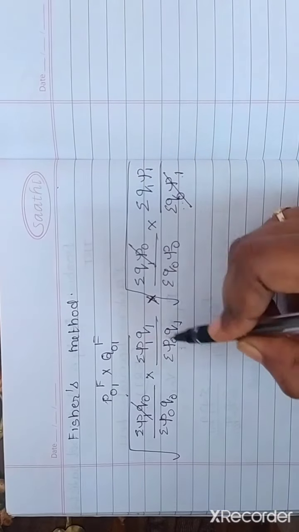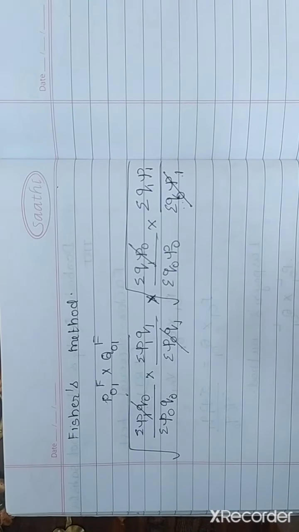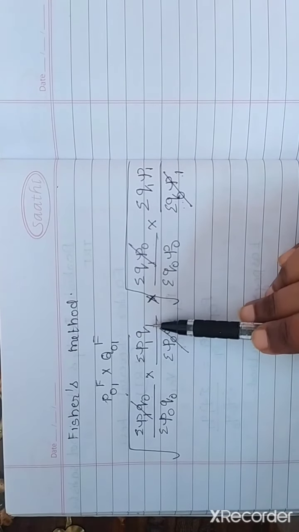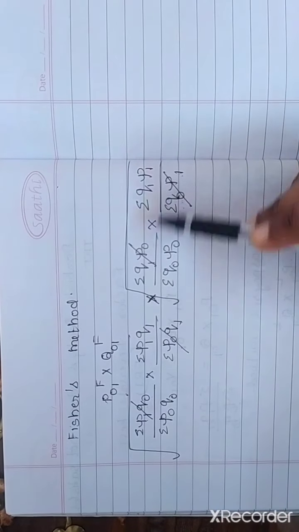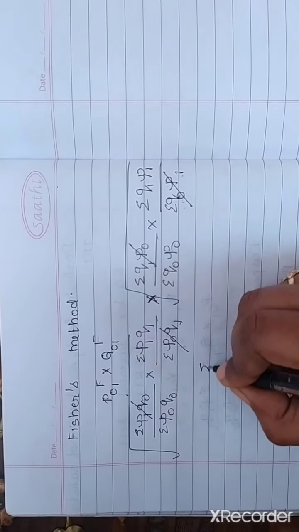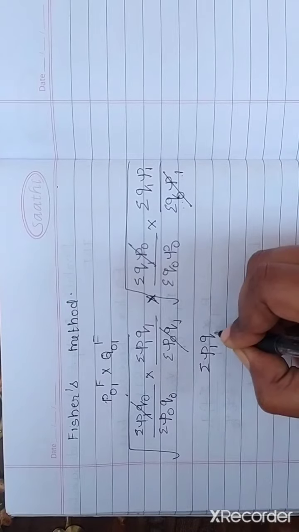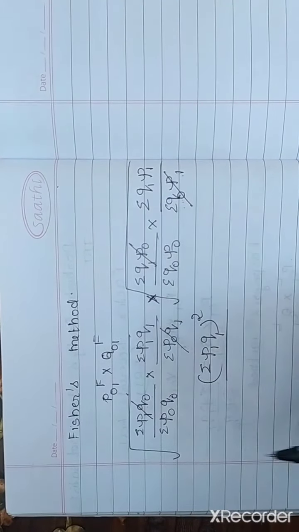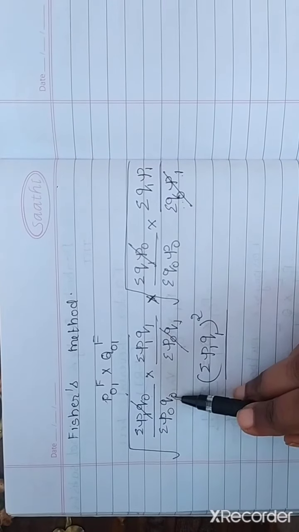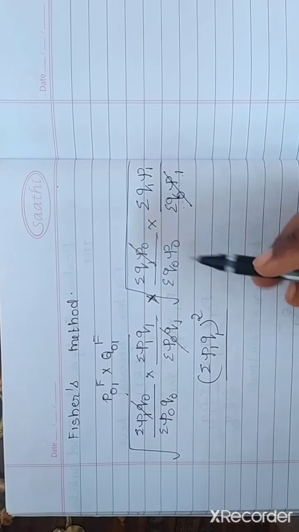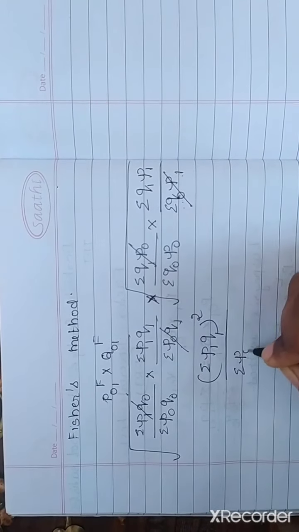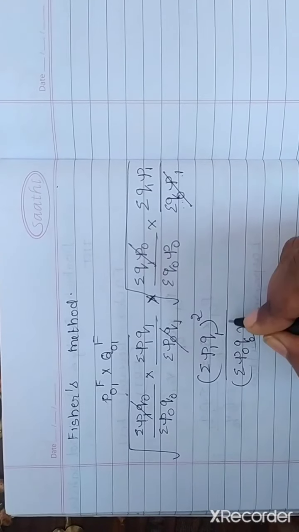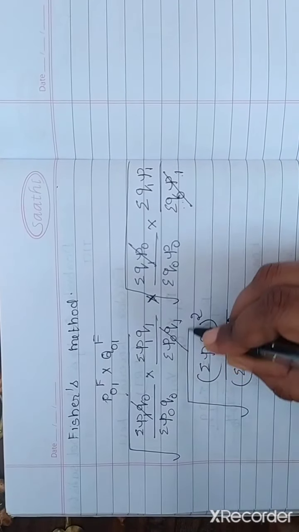So these two terms get cancelled. Now here we have P1 Q1, P1 Q1, two terms. So summation P1 Q1 square divided by summation P0 Q0 into Q0 P0, that means summation P0 Q0 square. This is under square root.